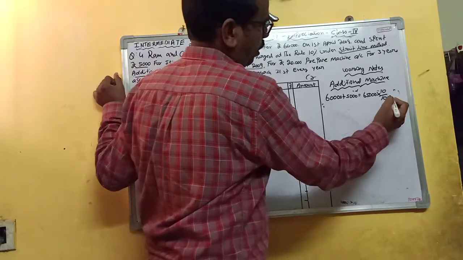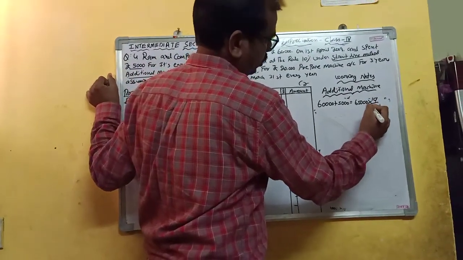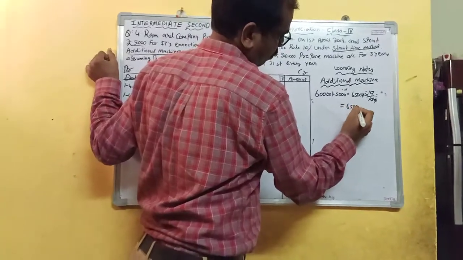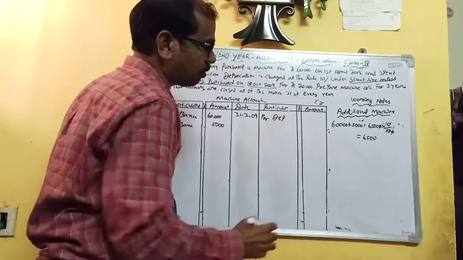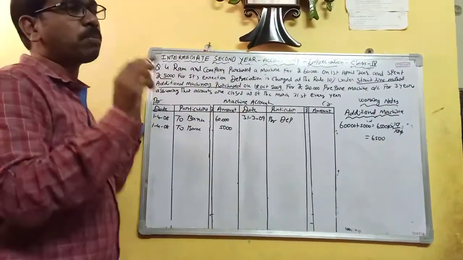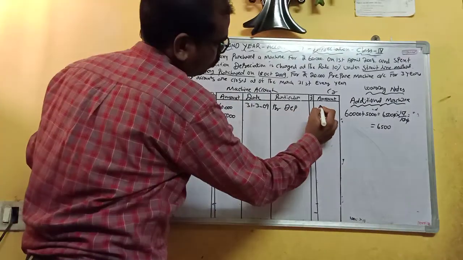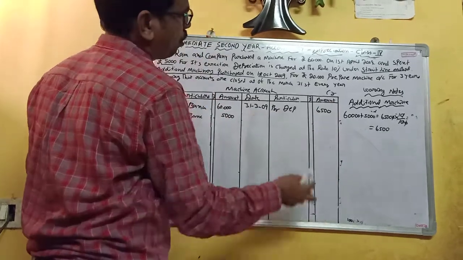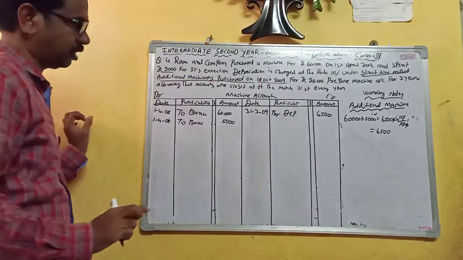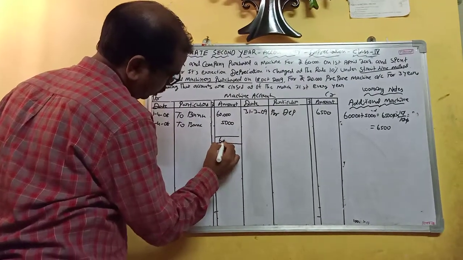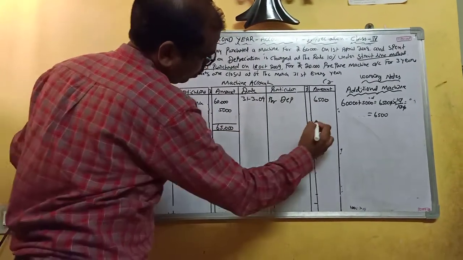That is 6,500 rupees per annum depreciation. Full year depreciation, we have to take for the full year. Why? Because he bought on 1st April only. That's why. Now I am closing the accounts, 65,000.